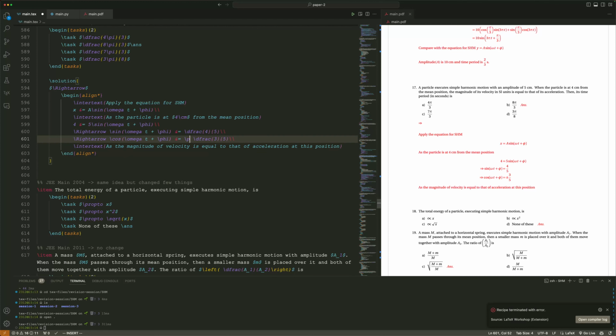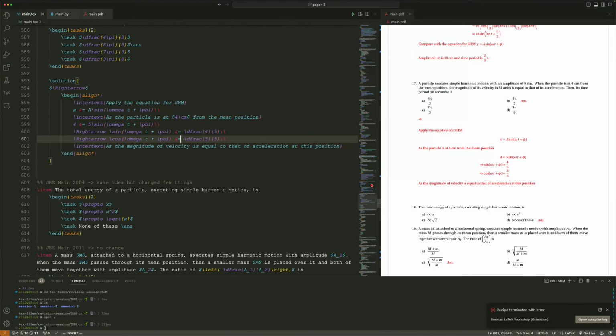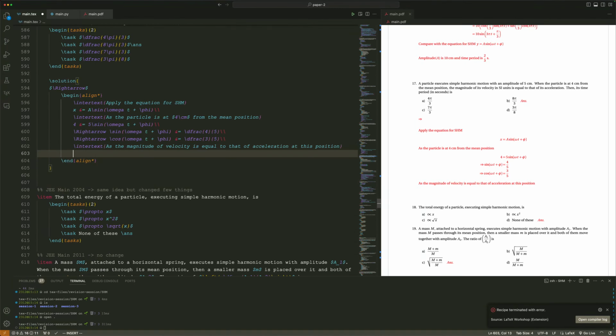We are just thinking in terms of magnitude, right? So right now, the mean position, it's 3 by 5, and we are thinking of the magnitude of the velocity.